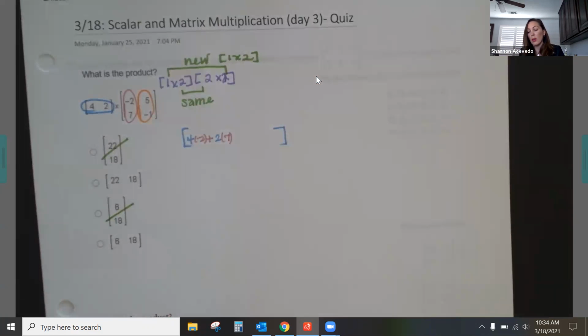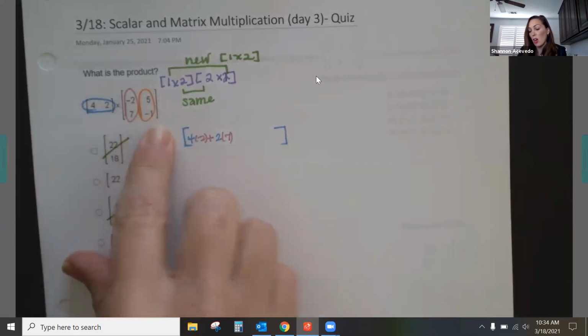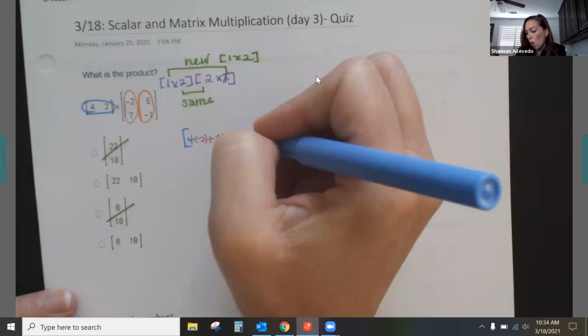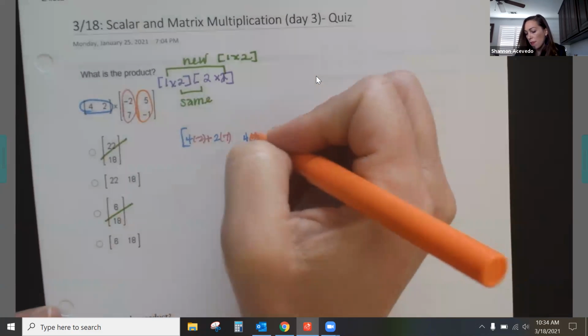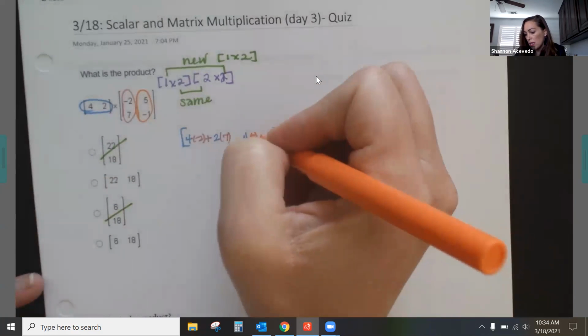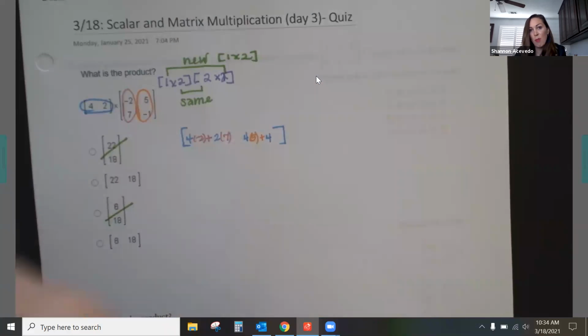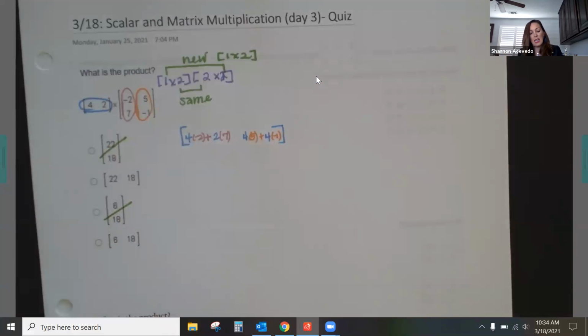The second term is going to be, again, my 4 and 2, but now we're going to the second column. So it's going to be 4 times 5, and then plus 4 times my negative 1. I could go ahead and clean it up.